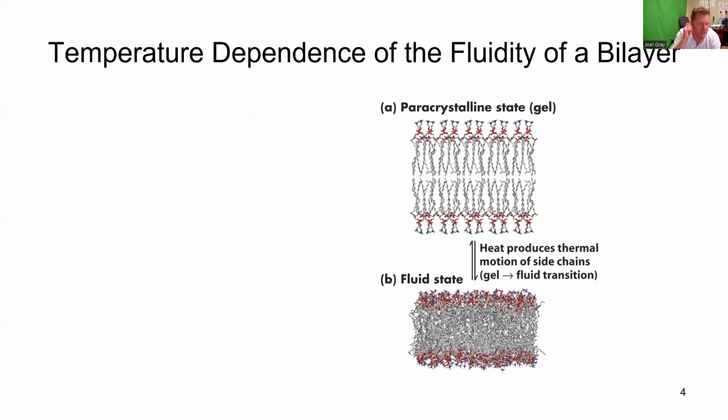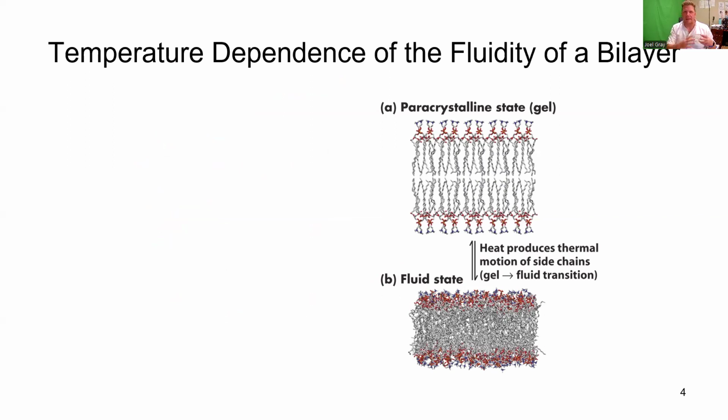Now, this principle and this idea is really important, and it stems from what we talked about when we discussed individual fatty acids. There were a couple of things that were important about them. One thing was that as the number of carbons in a hydrocarbon side chain increases, so too does the melting point.